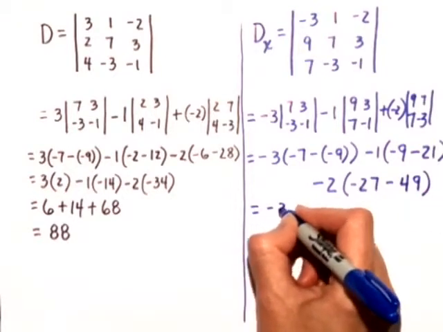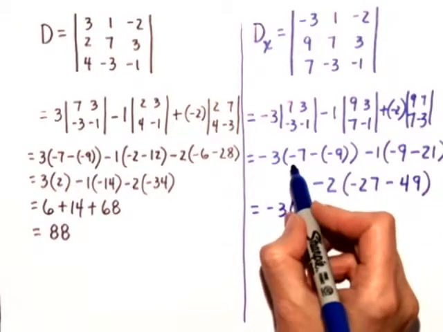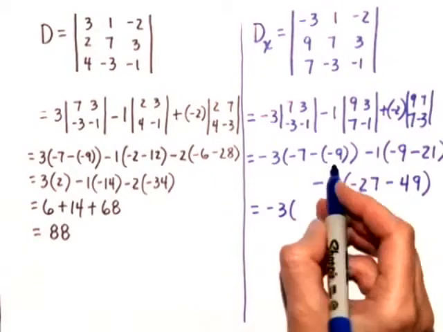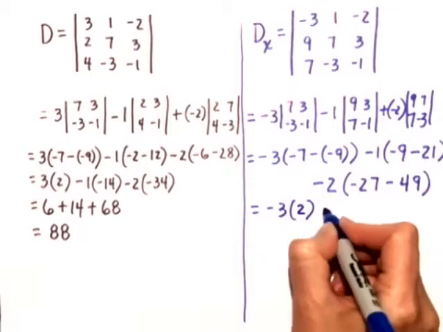So we have negative 3 times negative 7 minus negative 9, which is just negative 7 plus 9, or 2.